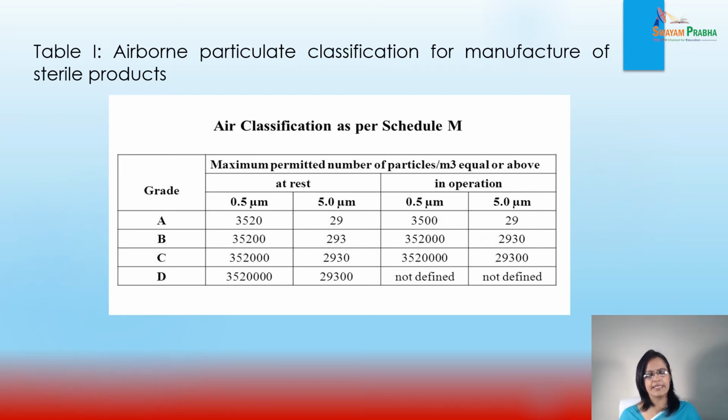Now, the next is the maximum permitted number of particles per meter square equal or above, at rest and in operation. Okay, so you can see the numbers which are permitted as per the different grades. So just go through this table and wherever necessary, please do write this table in your answer.